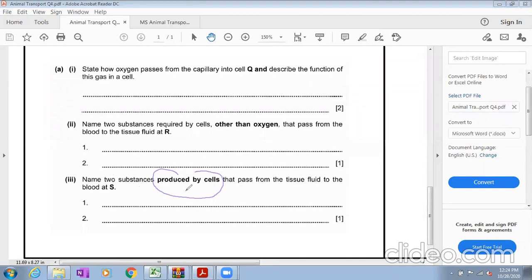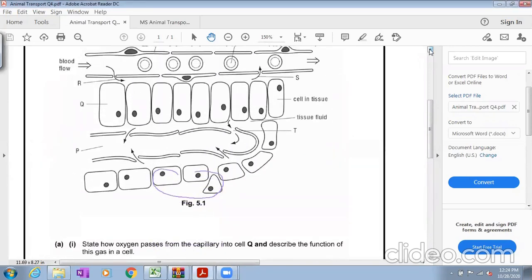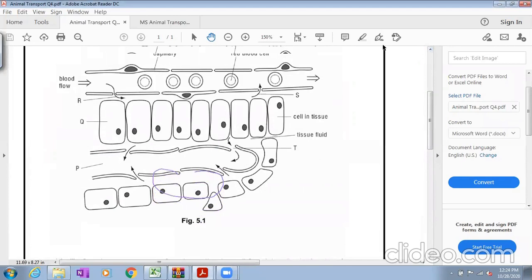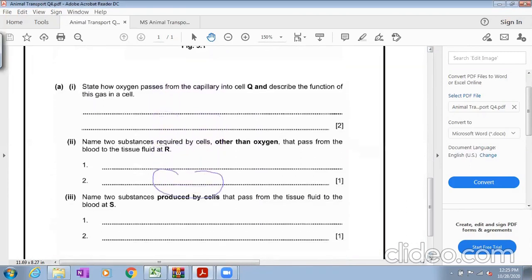Name two substances produced by cell that pass from tissue fluid to the blood. So let us check where the blood is. Blood is present here.